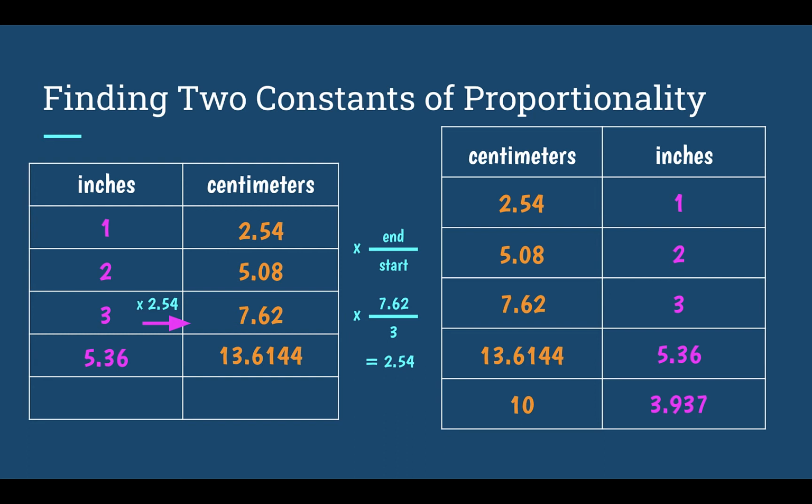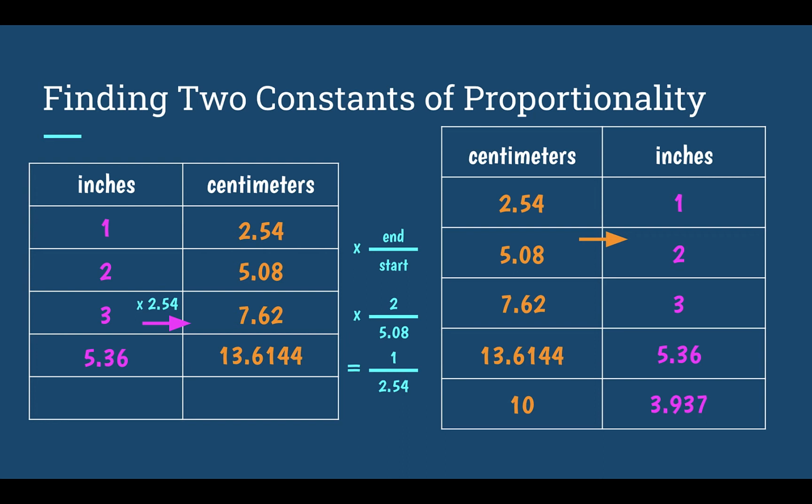This strategy is good to use, especially when you're not given anything easy, like 1. So your end divided by your start. If I wanted to go backwards from centimeters to inches, so let's say from 5.08 to 2, if I do 2 divided by 5.08, or 2 over 5.08, my end over my start, if I reduce that fraction, I end up with 1 over 2.54.